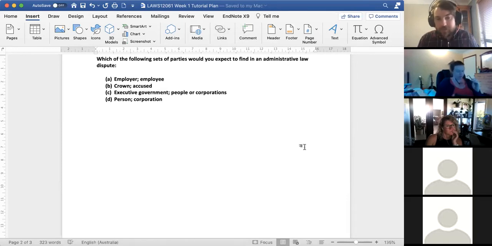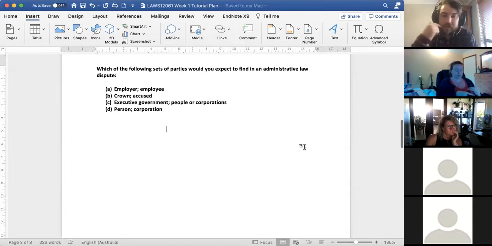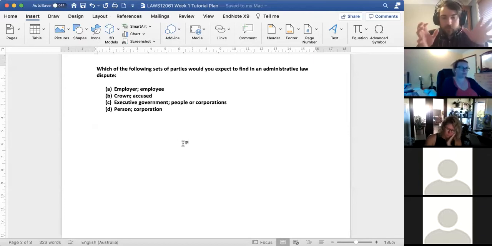I guess I would say why people have said D, as a bit of a learning experience, is because on one side of the scale you'd have a person or a corporation, whereas really what's key with administrative law is an action involving the executive government.